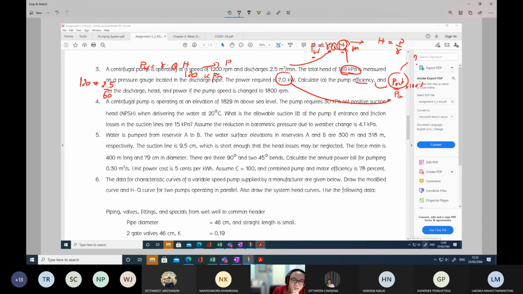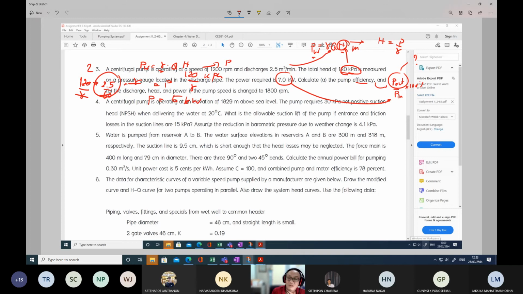And there is another gamma here, so these two gamma get cancelled. Then we only get the power equal to 5 kilowatt.